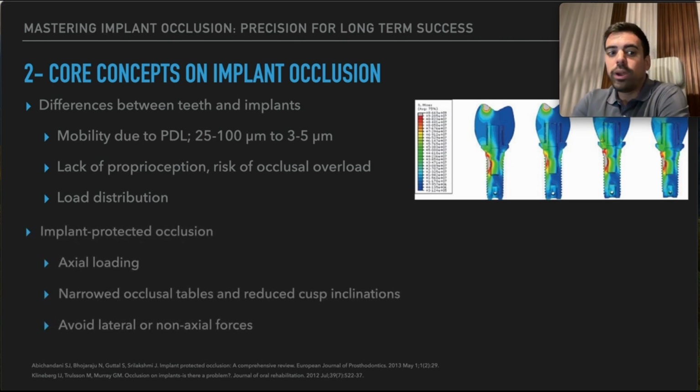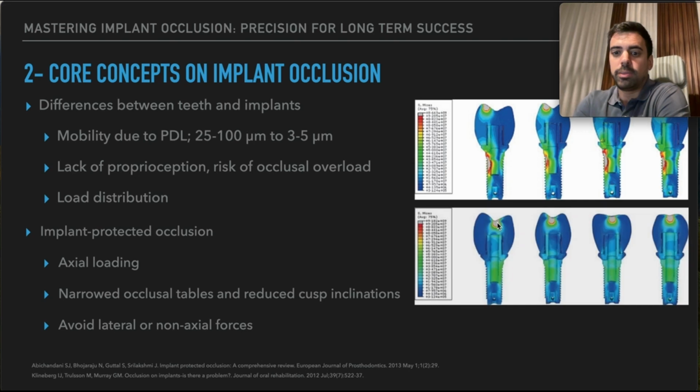So if we talk about implant protected occlusion, we need to think about the implants as a structure that's fixed, and we need to load them in the axial axis. So in this graph, these implants are loaded lateral to the axial force. If we ever place the load in the middle, then look at how the forces are spread through the implant. They're not as damaging as these ones.